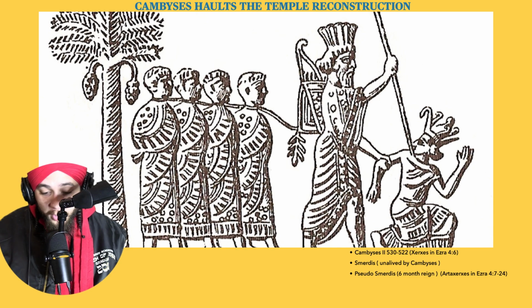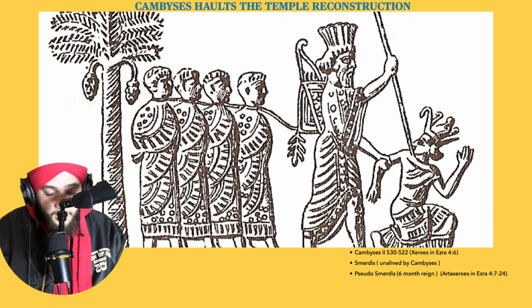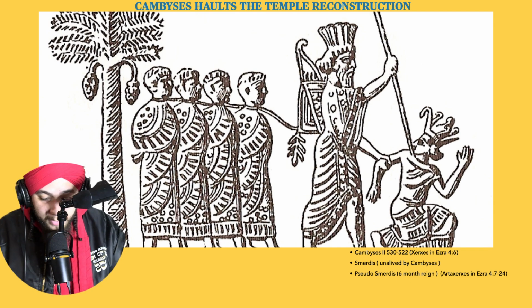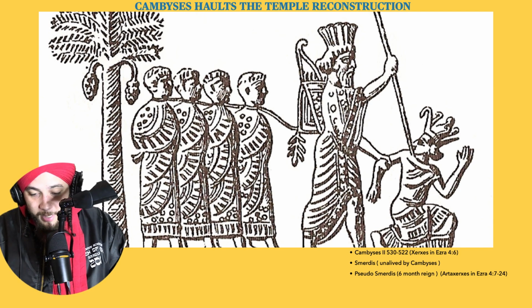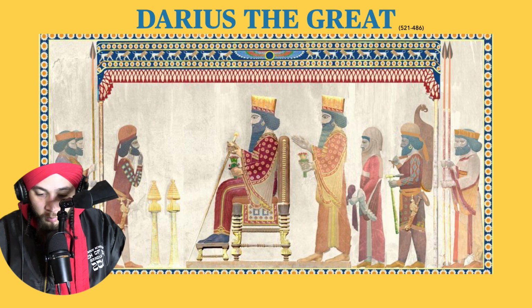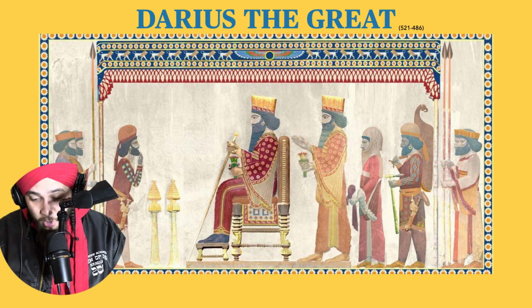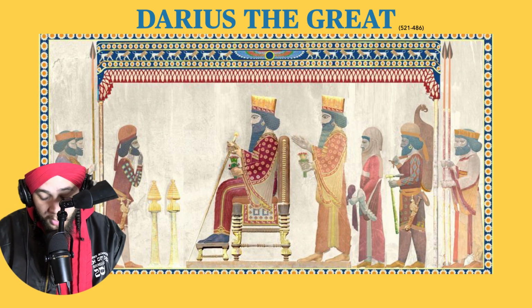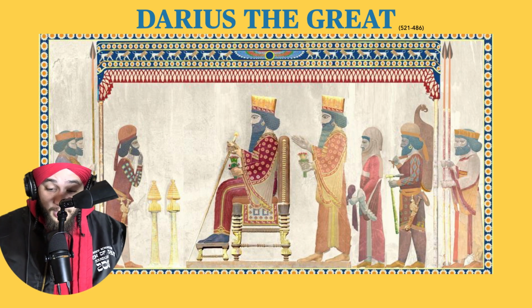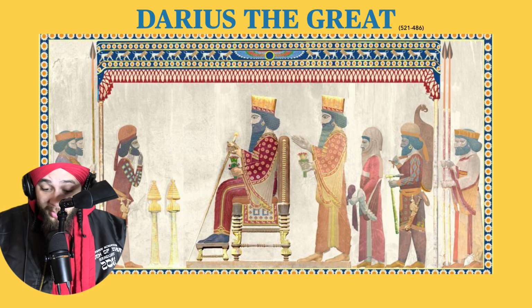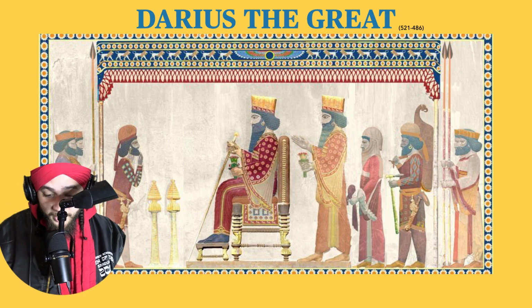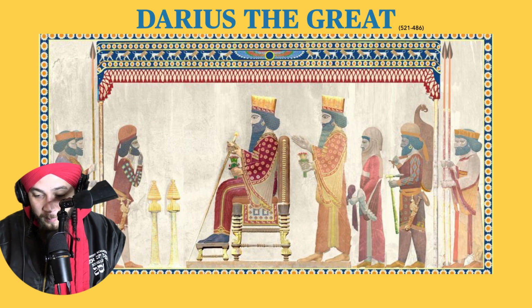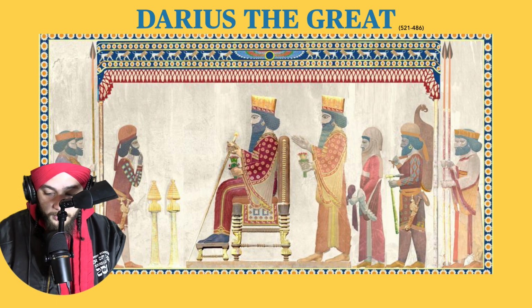Cyrus was offering gold, not only what was taken from us, he was willing to give that back to us and then some. You see? But this man here, Cambyses II, halted us. Now, this is why I said go watch the Daniel 11 video I did with General Q. We went into these names you see here deeply. We was going into all kinds of history. But I'm just giving it to you shortly here.